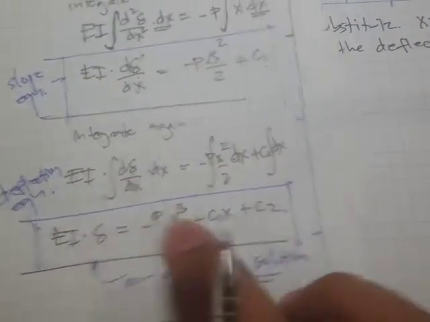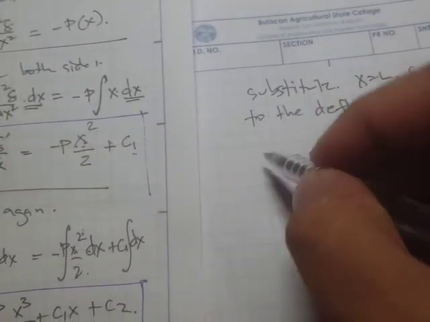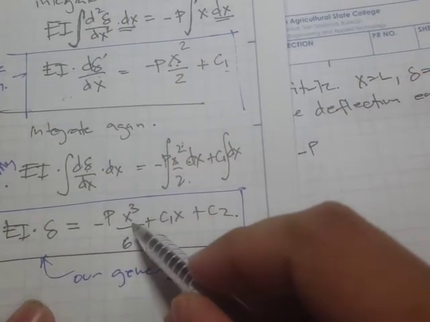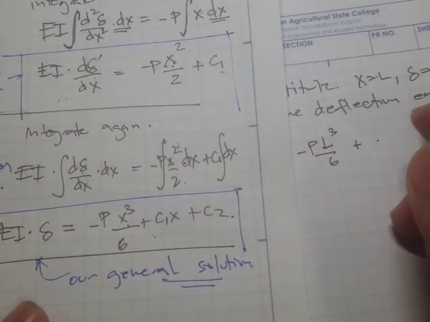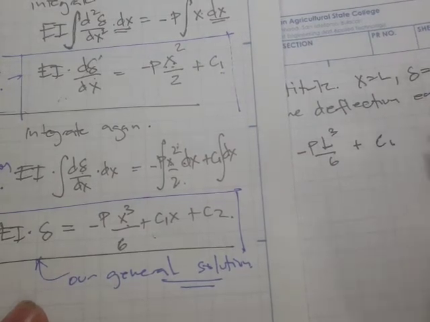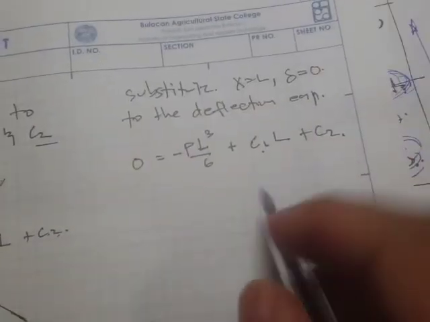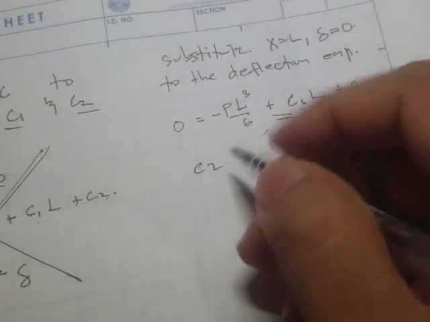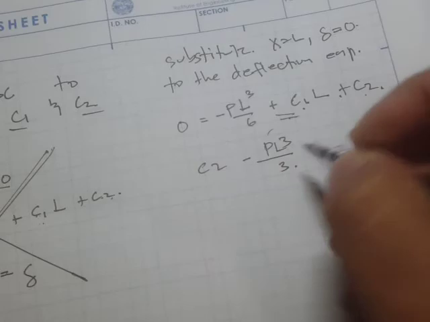This will be 0, and all the x will be translated into L. So 0 is equal to negative P times L cubed all over 6 plus, what is C sub 1? We have the value of C sub 1 already, C sub 1 times L, plus C sub 2. Since we have C sub 1, we can solve for C sub 2, and C sub 2 is equal to negative P L cubed all over 3.